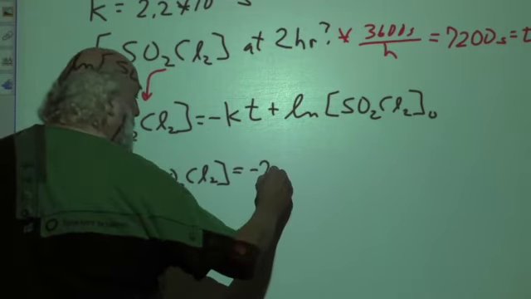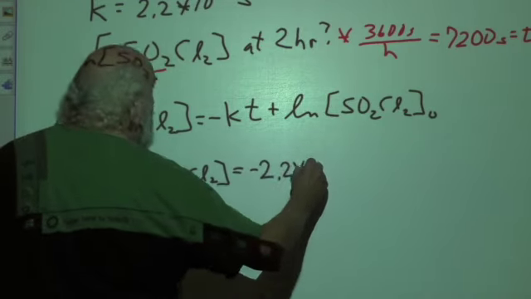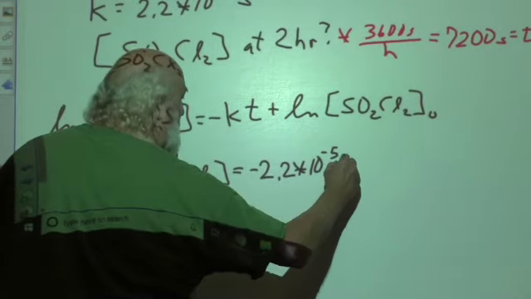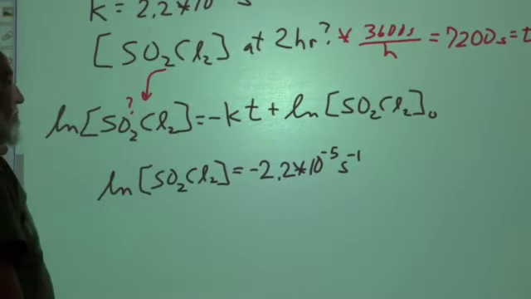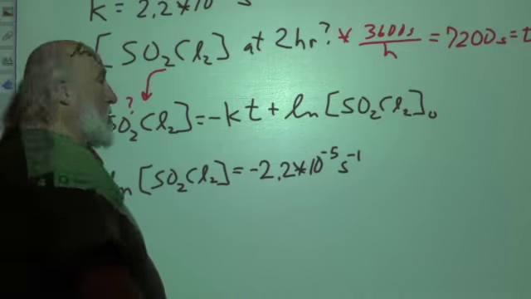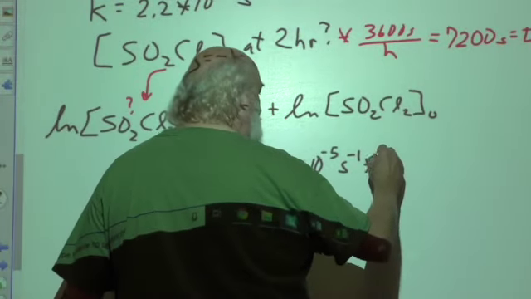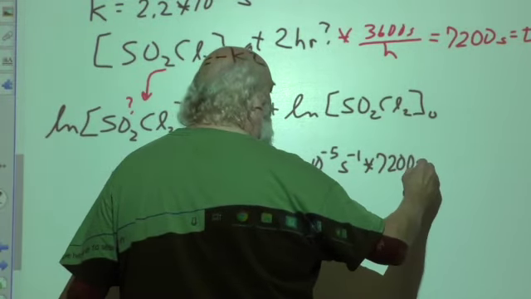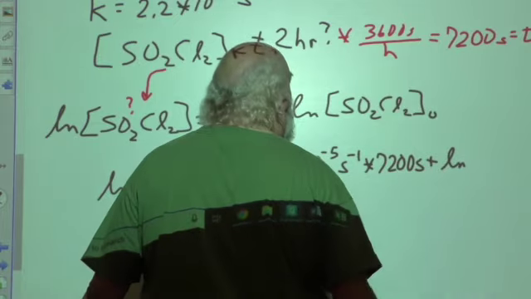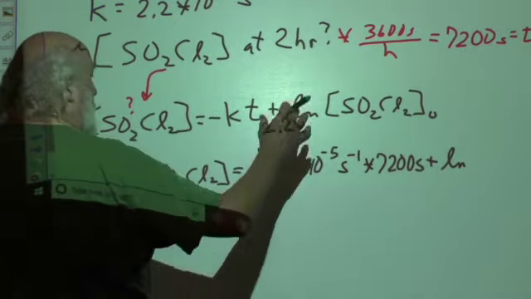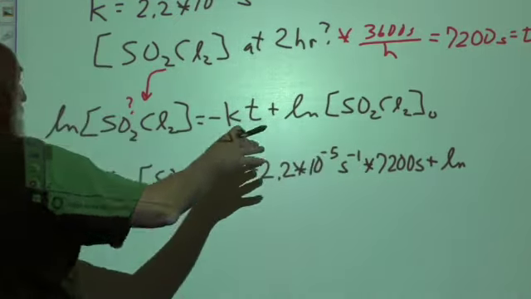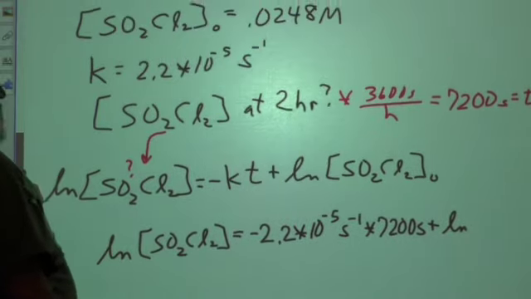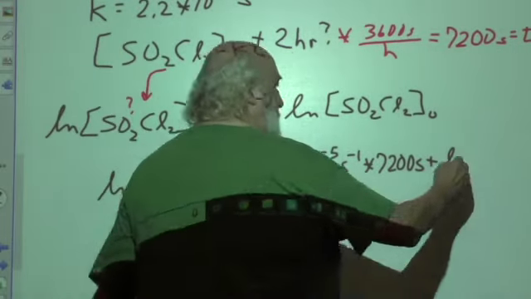So this is a negative 2.2 times 10 to the negative fifth seconds to the negative 1 times the time, which is 7,200 seconds, plus the natural log of the initial SO2Cl2, which we said is 0.0248.